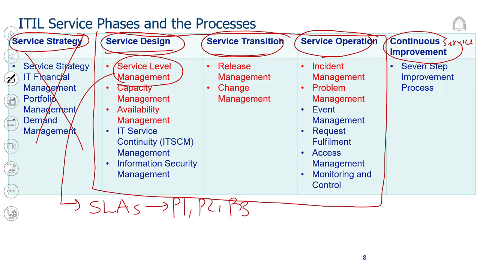You can agree with the customer that for the priority 1 tickets, I want them to be resolved within 1 hour. You can say that for the priority 2 tickets, I want them to be resolved within, for example, 4 hours. And for the priority 3 tickets, if I raise an incident ticket and I put it as priority 3, I need it to be resolved in 2 business days.